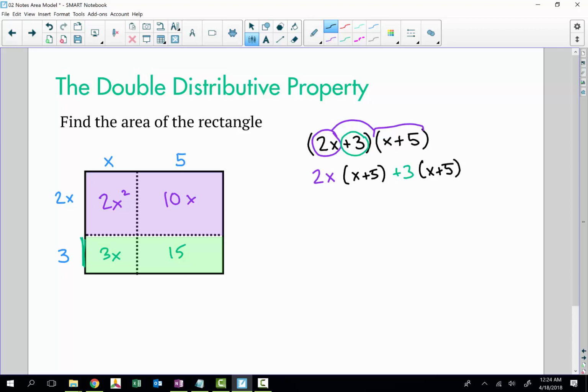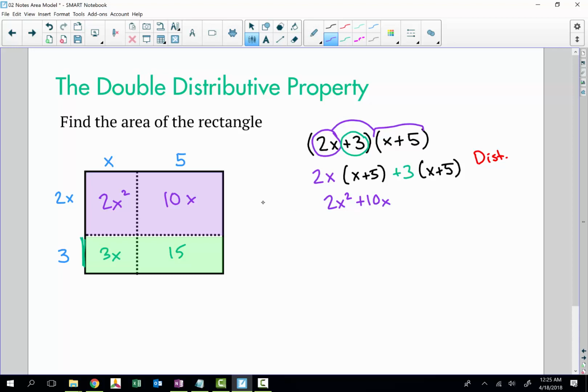So what we just did is essentially the distributive property that you have been doing all year. It's just that this time there are two distributions. We're going to distribute the 2x, and then we're going to distribute the 3. So we'll go ahead and do that now. This is the second distribution. So 2x times x is 2x squared, and then you're going to have 2x times 5. That's going to be 10x.